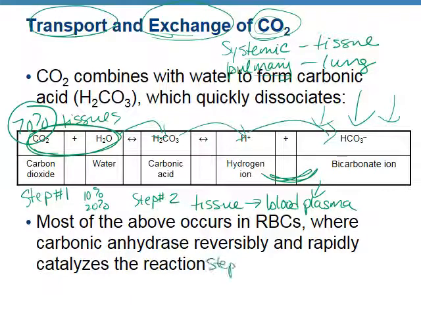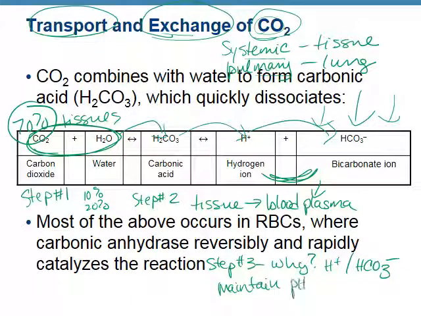Step three, tell me why. What are we hoping to do by having these two ions floating around in our bloodstream? We're trying to maintain what? Hopefully you're saying to yourself, maintaining pH between 7.35 and 7.45.